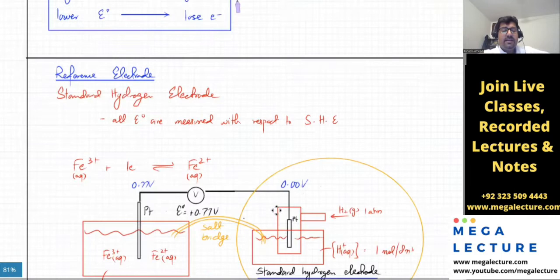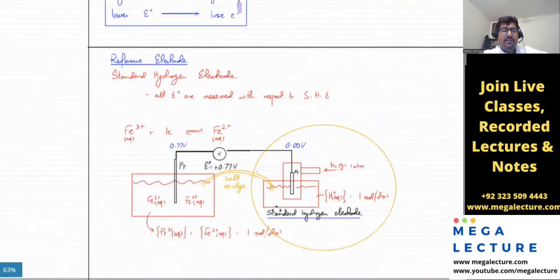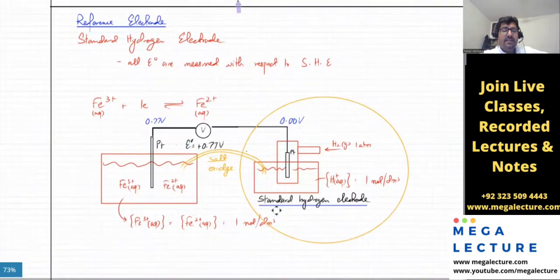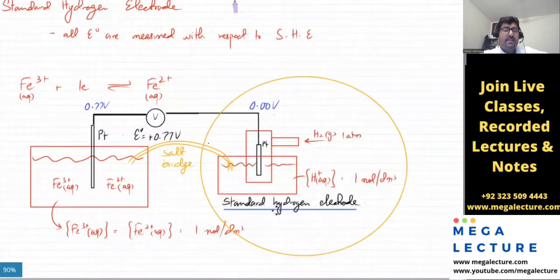So yesterday we did the standard hydrogen electrode, and I told you that whenever you want to measure the potential, this standard hydrogen electrode always has to be there. It's hydrogen gas in equilibrium with hydrogen ions. This is the reference that gives you a zero potential, because if you measure the reference electrode potential with respect to the reference electrode potential, you're going to get 0 volts.